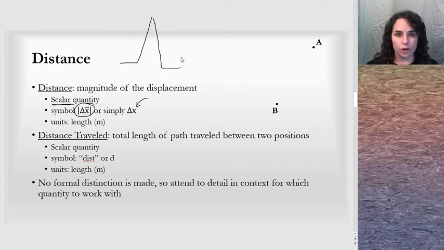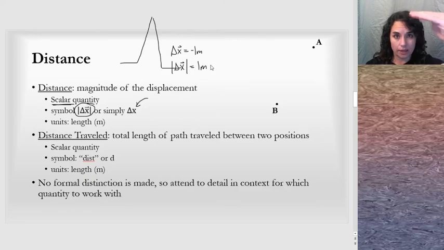Our displacement, delta x, was -1 meter. Well, if I take the absolute value of that, the absolute value of -1 is 1 meter. I traveled 1 meter. But in your head, you know that that's not how far that object actually traveled. It went from 5 to 20, which is 15. And then it came from 20 down to 4, which is 16.